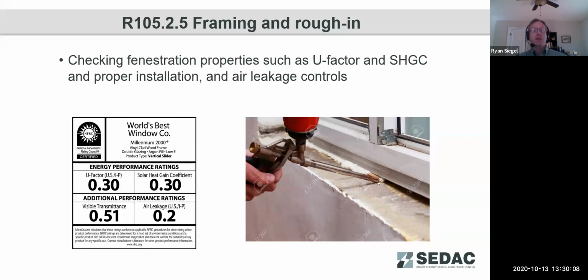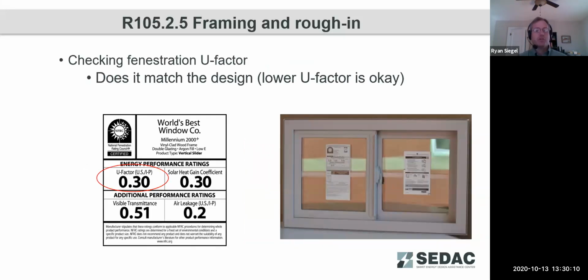So as far as when we're checking our fenestration, first is checking the U factor and have we matched the design. Again, in this case, if we have a lower U factor, since U is transmission of energy, whereas R is resistance to transfer of energy, a lower U factor is acceptable for this.